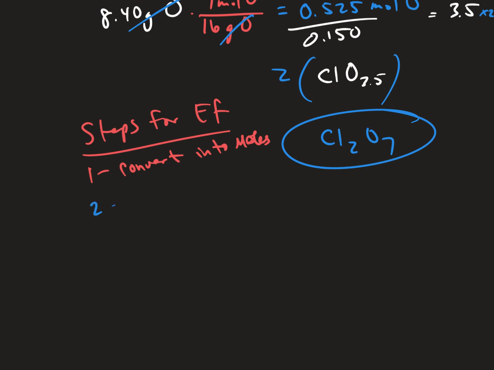Step 2 is to do what? Divide by the smallest amount of moles. Divide everything by the smallest amount of moles.